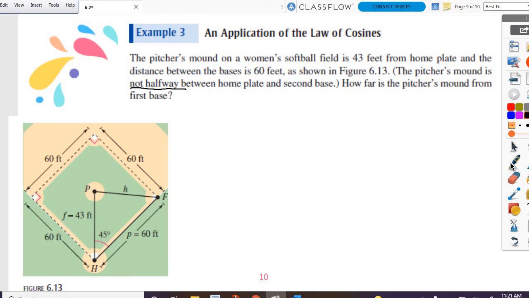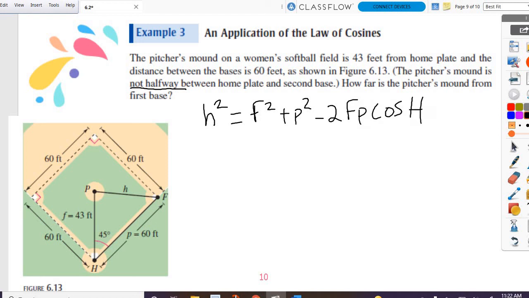Okay, so if I want to set this up, what are we looking for? H, which is a side. So I would have H squared equals F squared plus P squared minus 2FP cosine of big H. So again, the letters aren't necessarily what's important, it's the pattern that we use.